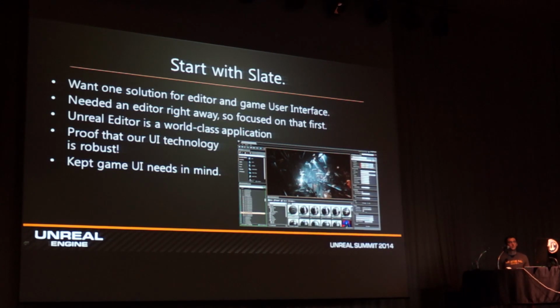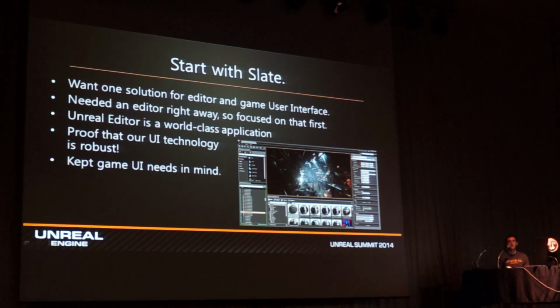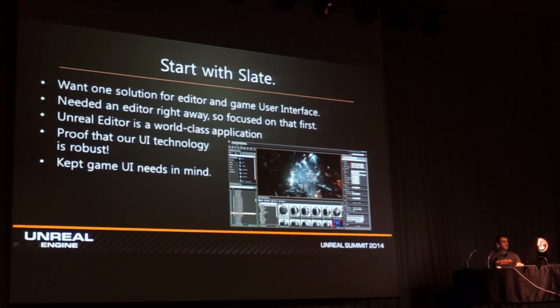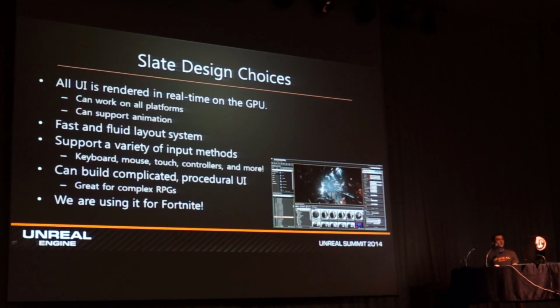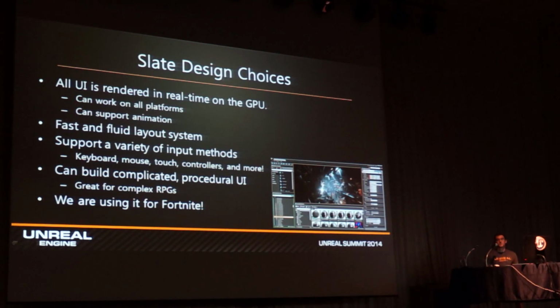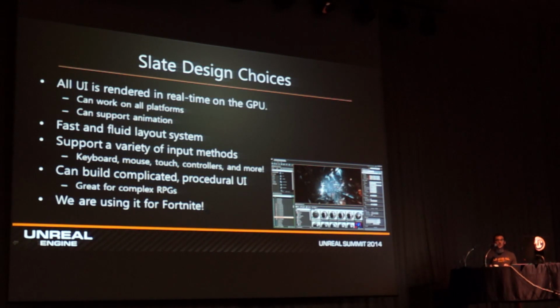But we always knew that we wanted to extend this technology to build beautiful, interactive motion graphics. So we made design choices that would allow this to happen. All UI in Slate is rendered on the GPU in real time, which means it will work on any platform supported by Unreal Engine.